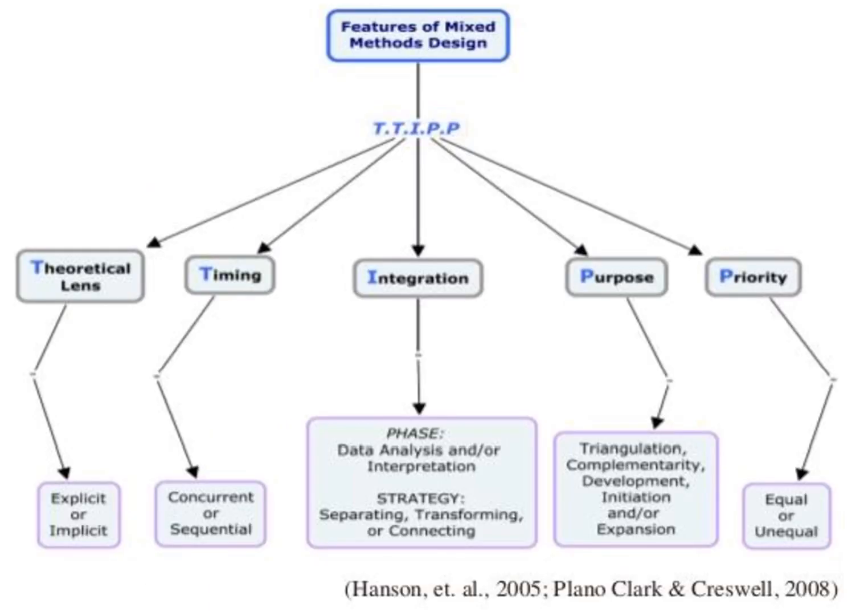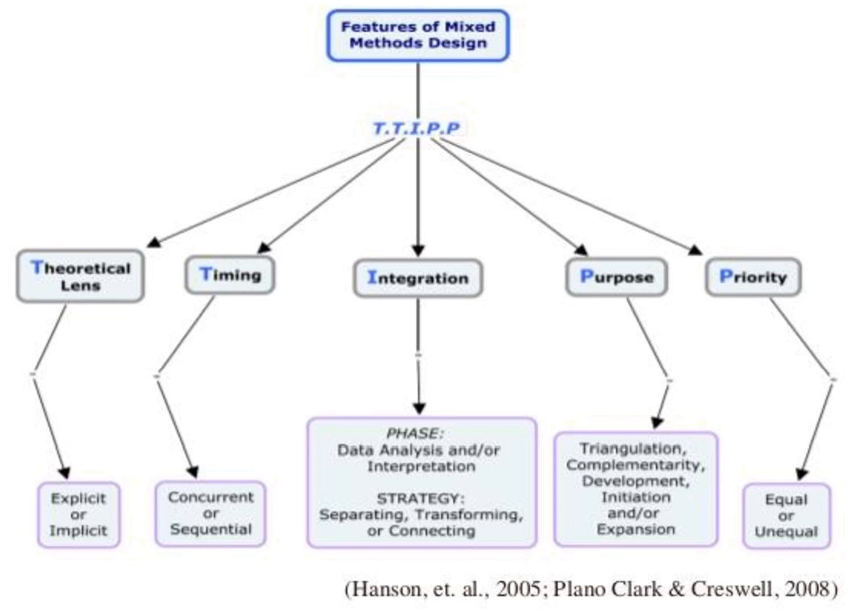So we have a few scholars who have designed this diagram to look into the features of mixed methods design, using the TTIPP. The first T refers to theoretical lens, so whether the existing theories or literature are explicit or implicit, and whether there is anything in the relevant literature which determines the way you use mixed methods.